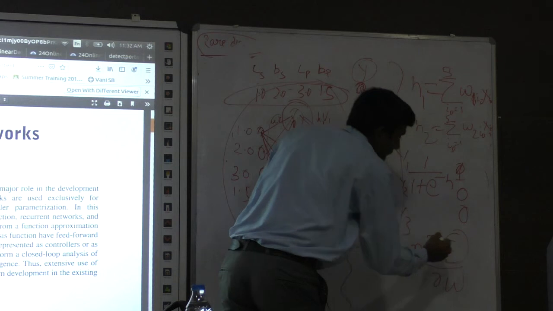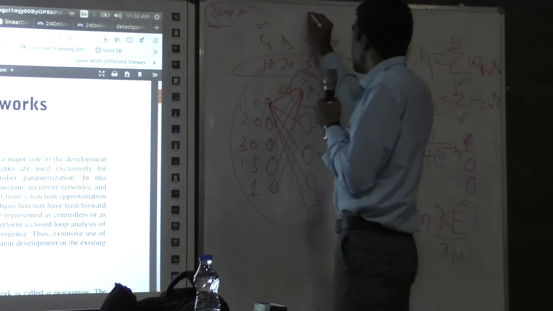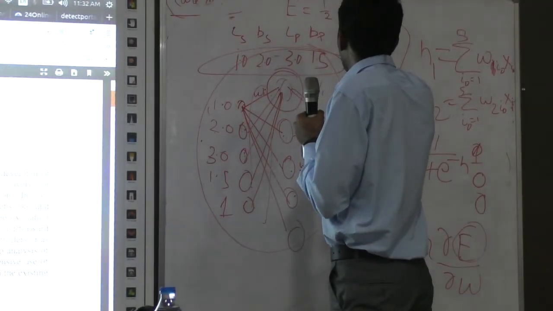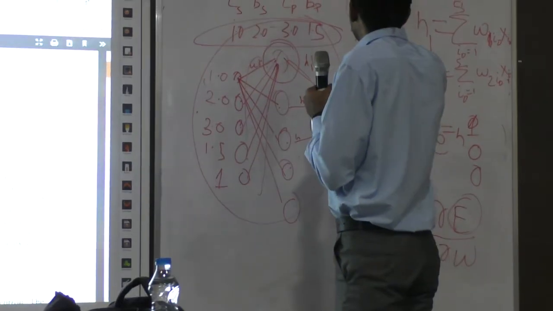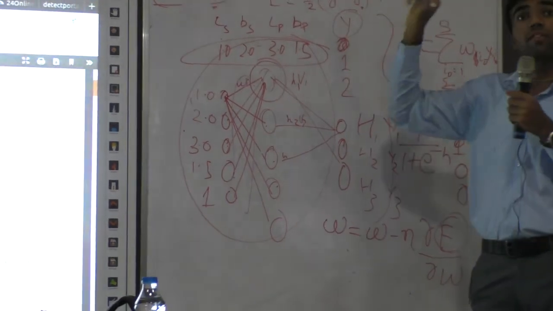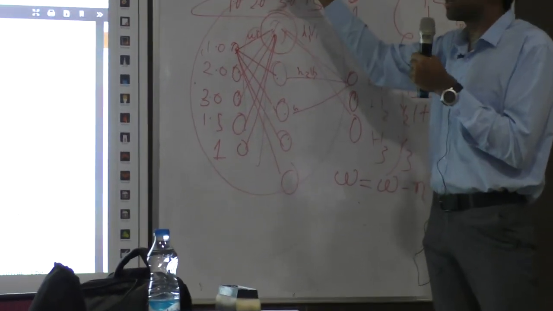Actually what is my error? That is the error function, which is defined as half of (yd minus y) whole square. My error is a function of y and my y is a function of w. That is why I can differentiate E with respect to w.